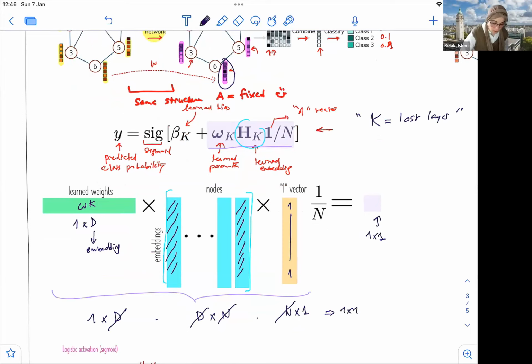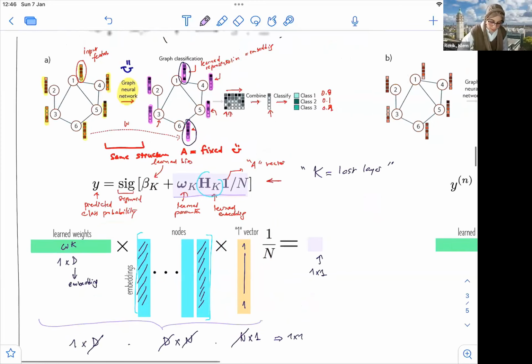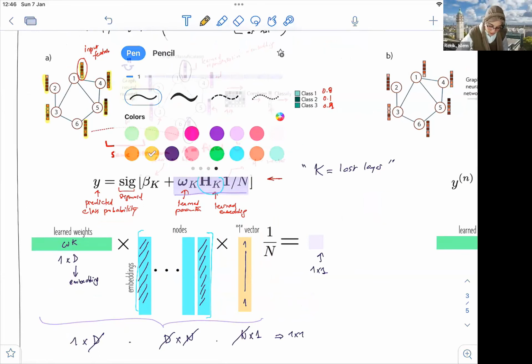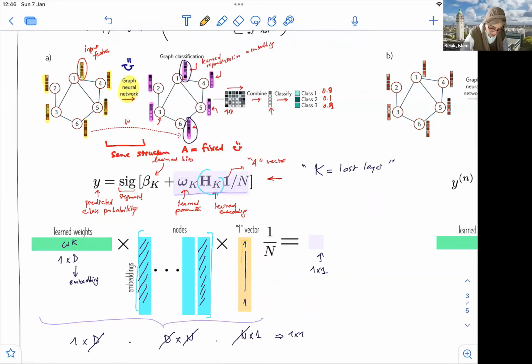Let me explain what happens here. We are first linearly combining all these embeddings. This happens through this vector. This vector of ones is very important because it takes in each embedding and combines it across nodes.